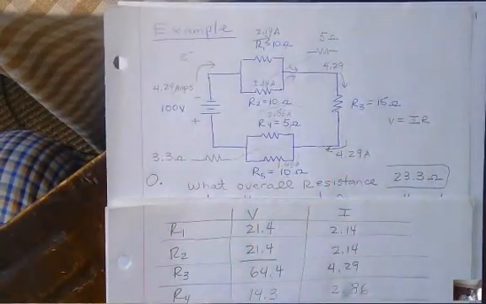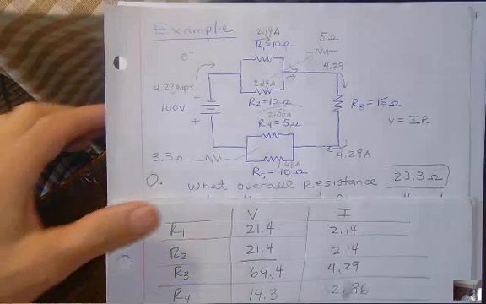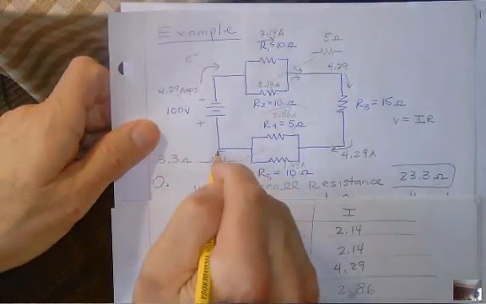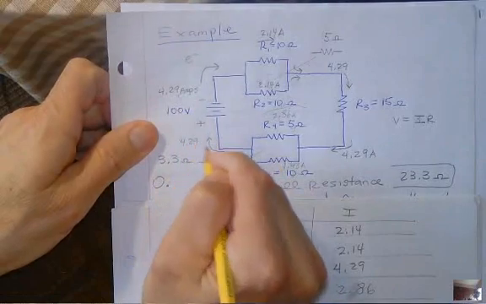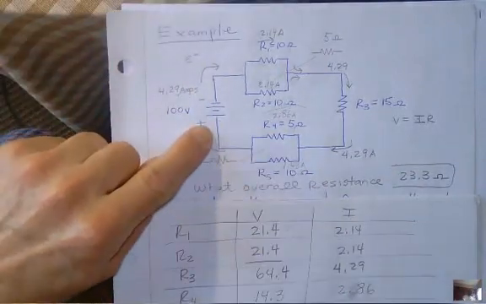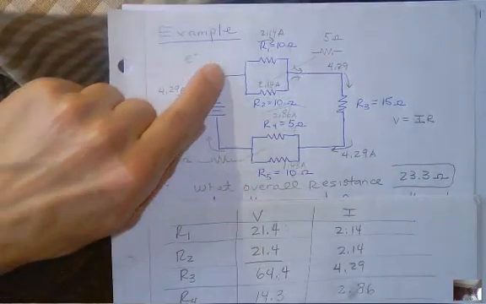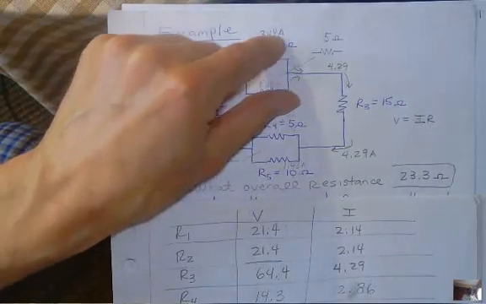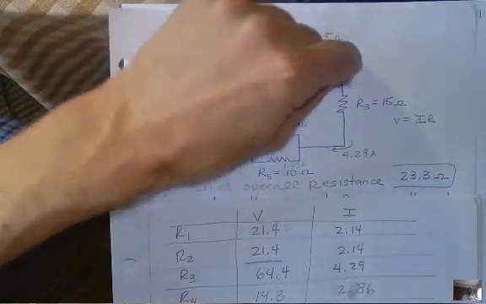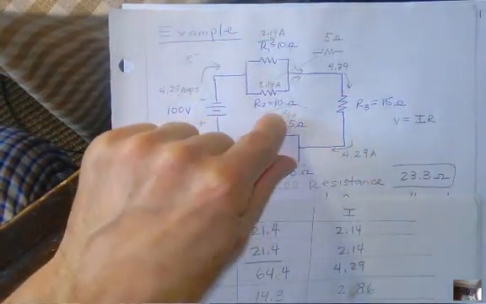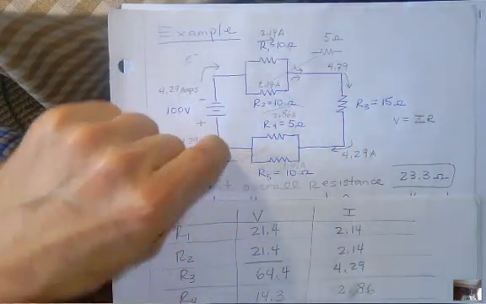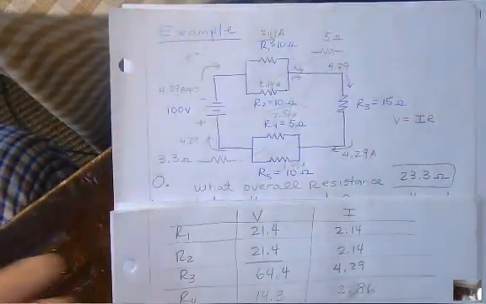Let me check. 2.86 plus 1.43 adds back up to 4.29. Here comes my 4.29, back around the other way. The whole thing gets boosted by the battery, and out comes my 4.29, breaks up half and half, back to the whole, comes around, 2/3 this way, 1/3 that way, back to the whole, and keep on going around.